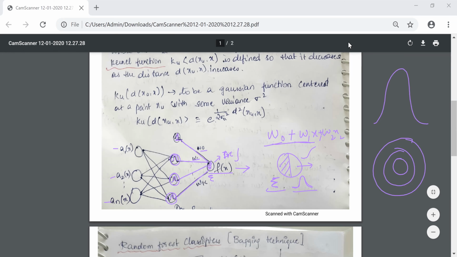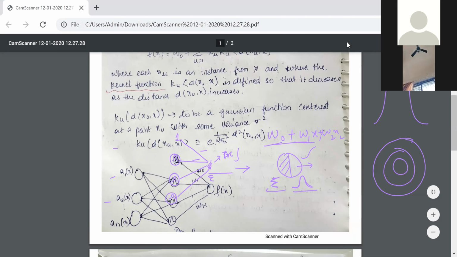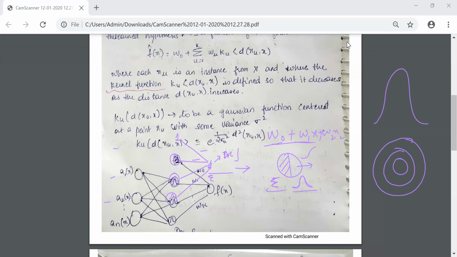So the same thing is what I'm going to represent over here: W0 plus Wu into Xu, and d(xu, x).